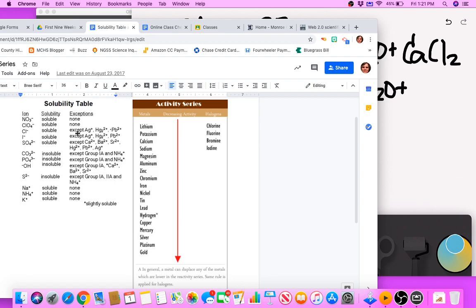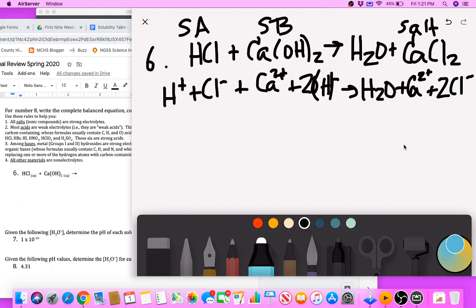All Cls are soluble except for those 3. This is not one of those 3, so it is soluble, so this means it breaks apart. It is a soluble salt, and it will break apart. So let's break it apart. Ca is +2, and then you guys, there are 2 Cl minuses there. Cl2 means 2 Cls with a -1 charge, because we know Cl is -1. All right? So there is our complete ionic equation.